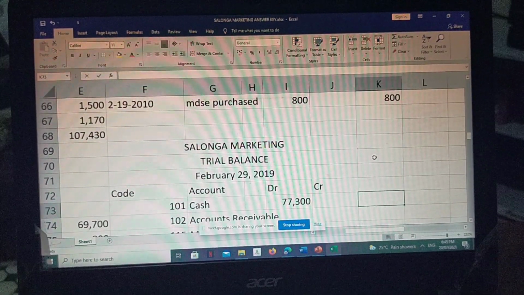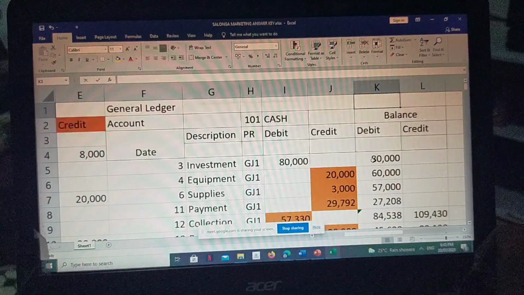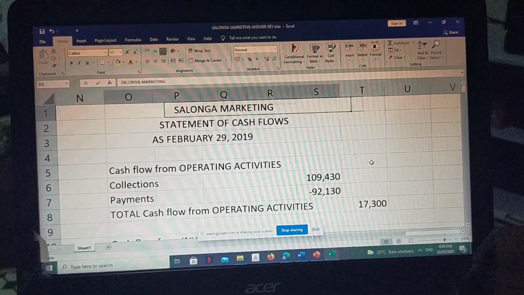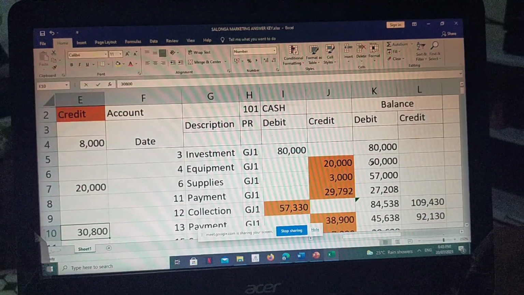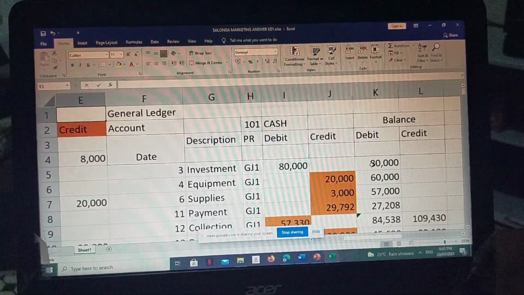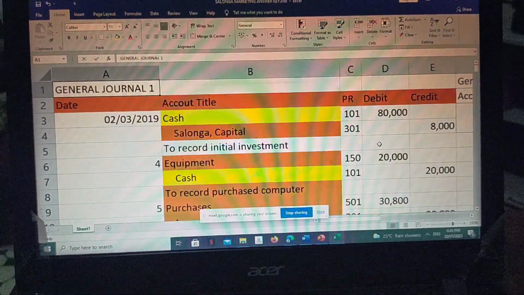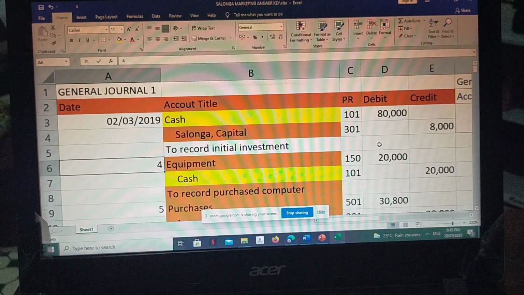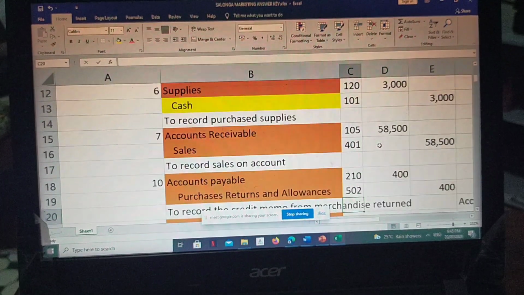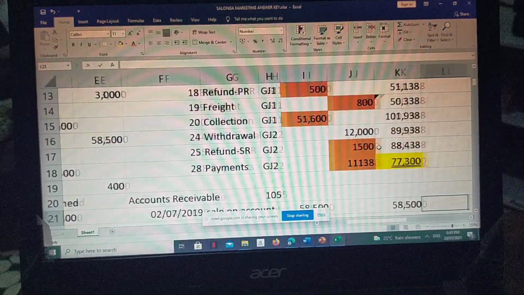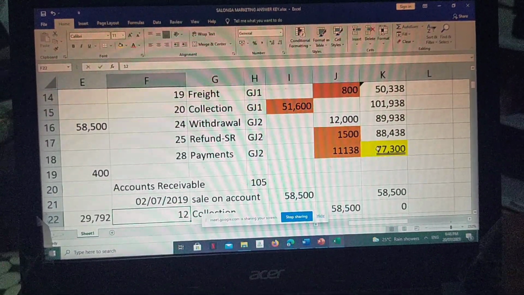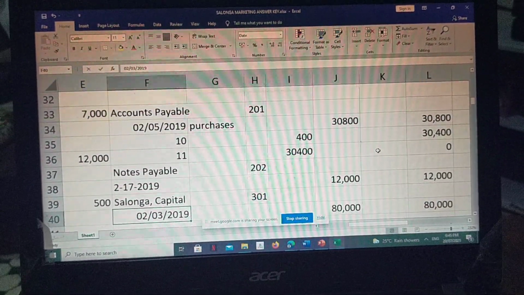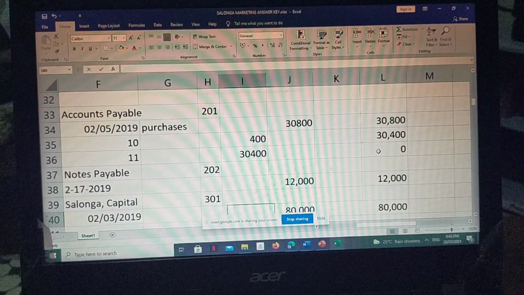So, meron pa ba? Alright, wala na. So, all of the accounts in the chart of accounts that were used in your general journal, in your journal entries posted, has been also posted kay General Ledger, which is these, itong mga pinakita natin.